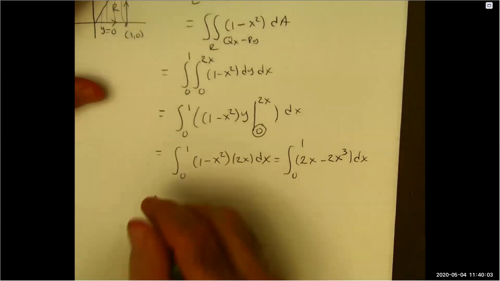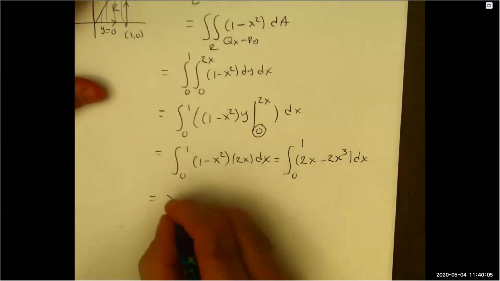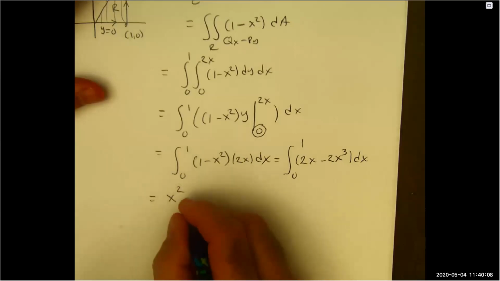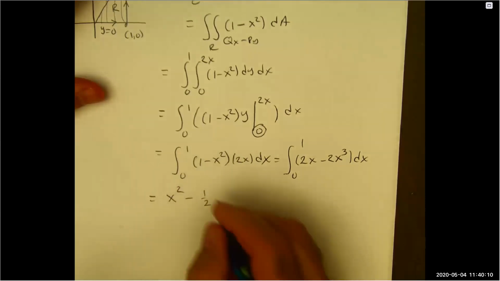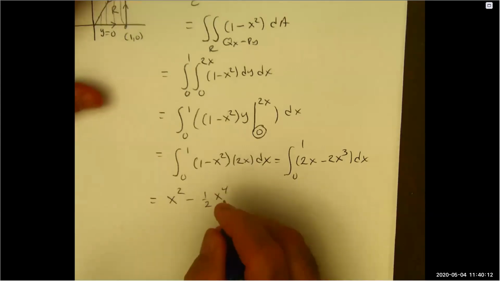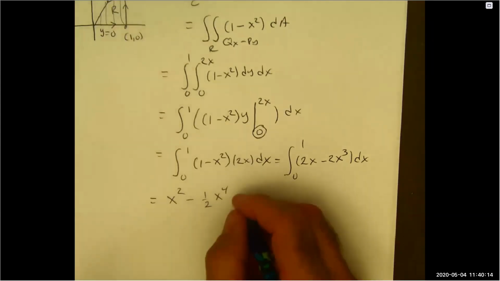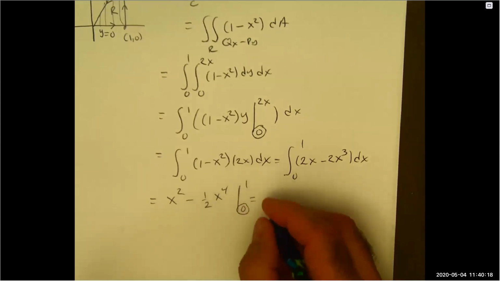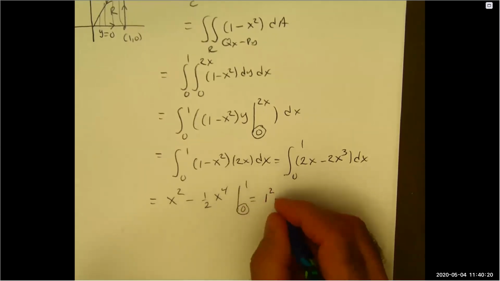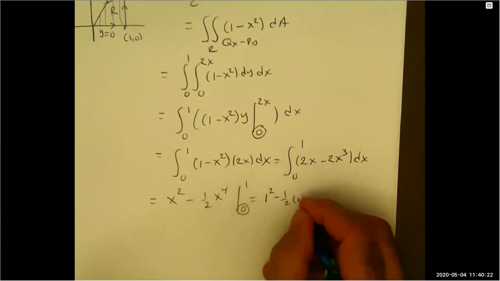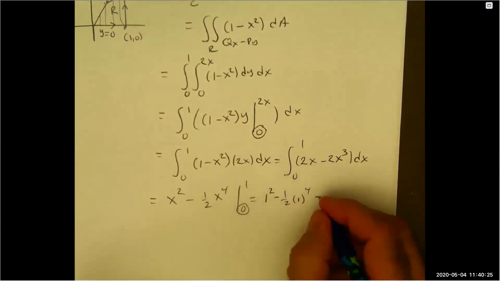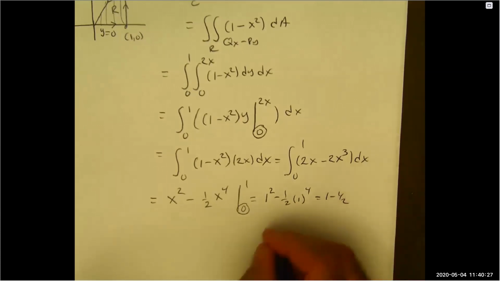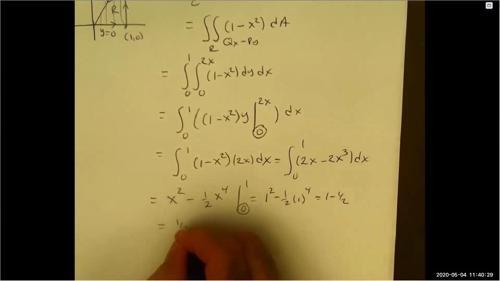So we can integrate that. We're going to get x squared minus 1/2 x to the 4th from 0 to 1. It's equal to 0 when x is 0. But at 1, we're going to get 1 squared minus 1/2 of 1 to the 4th. And so we just get 1 minus 1/2, which is equal to 1/2.